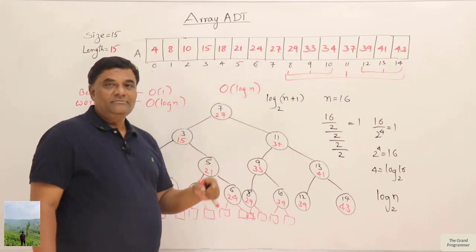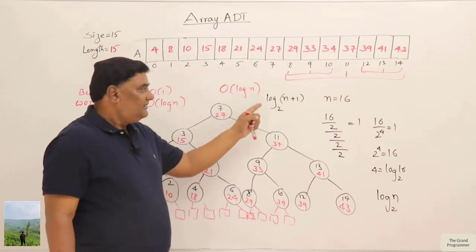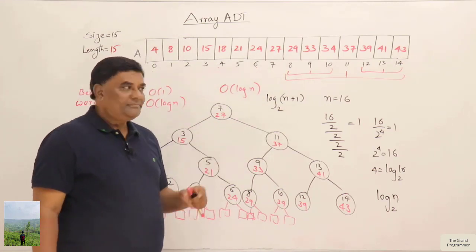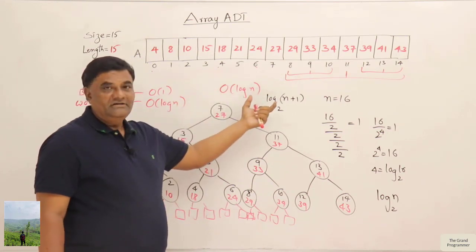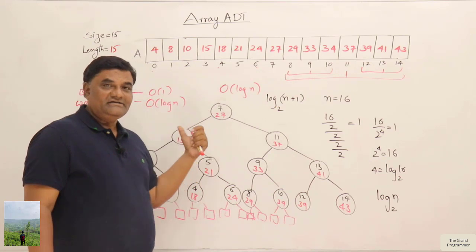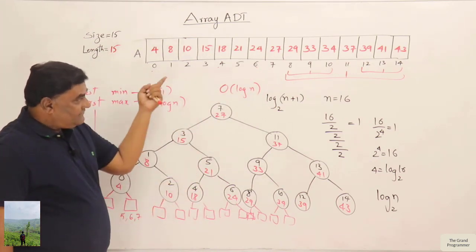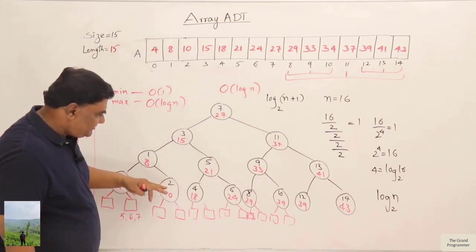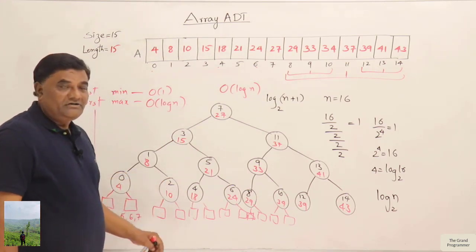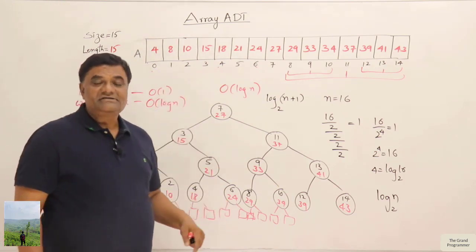So the exact formula is log (n plus 1) base 2. But roughly we take it as log n, because the dominant term is log n. Then one more thing: if there are more than 15 elements, then definitely the number of comparisons will increase by 1, because 15 is the maximum number for which we require 4 comparisons.